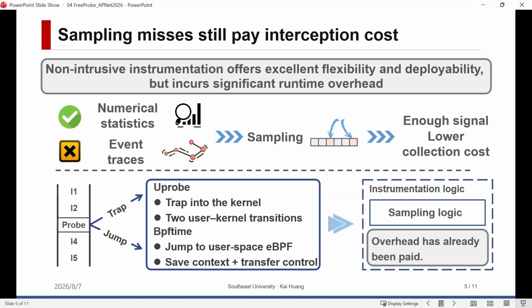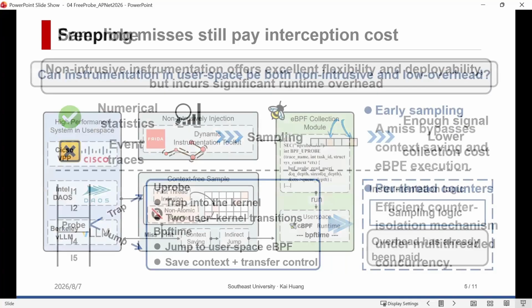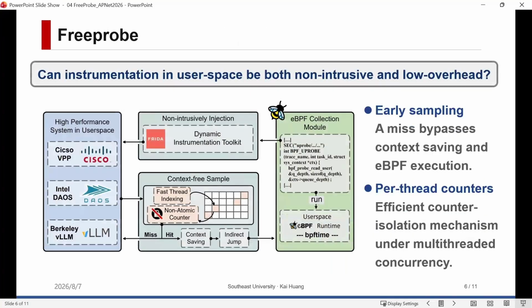Only then does the eBPF handler decide whether to keep the event. So sampling means avoiding collection work, but not interception work.